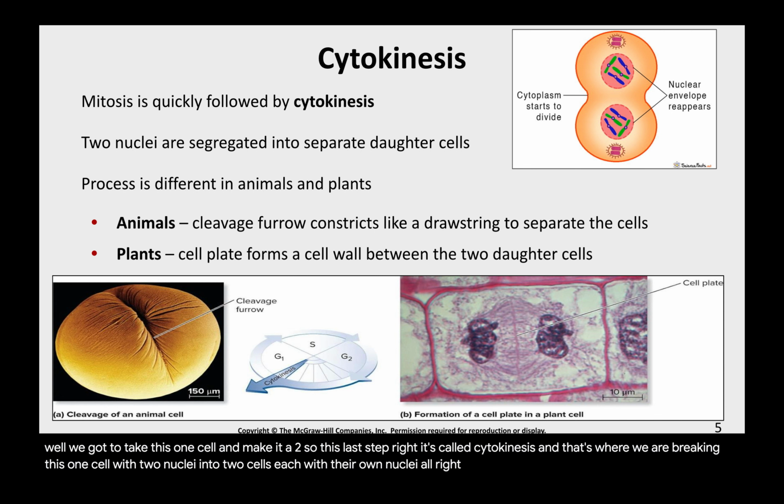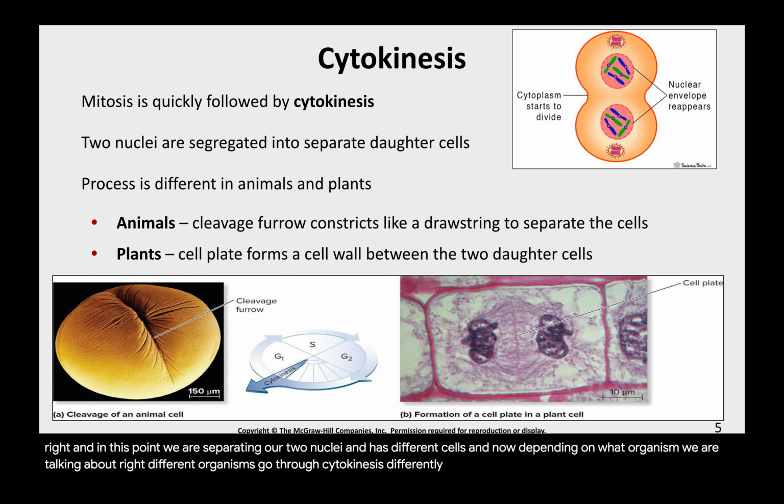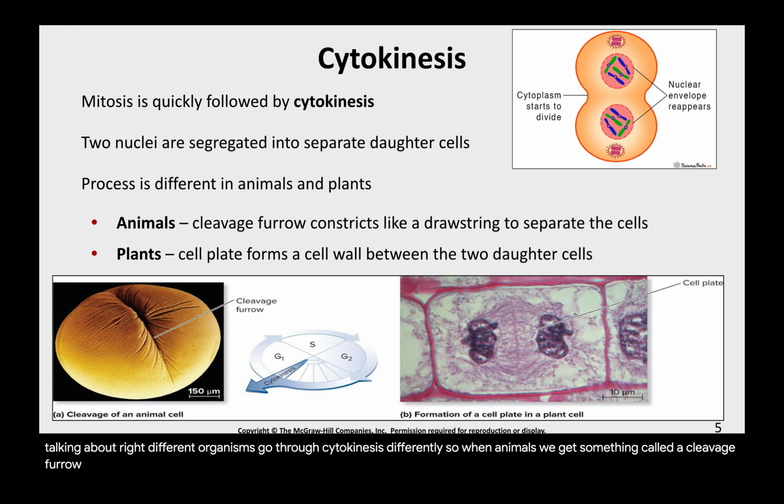All right, so cytokinesis is the splitting of the cytoplasm, right? And at this point, we are separating our 2 nuclei into different cells. And now, depending on what organism we are talking about, different organisms go through cytokinesis differently. So in animals, we get something called a cleavage furrow, right?